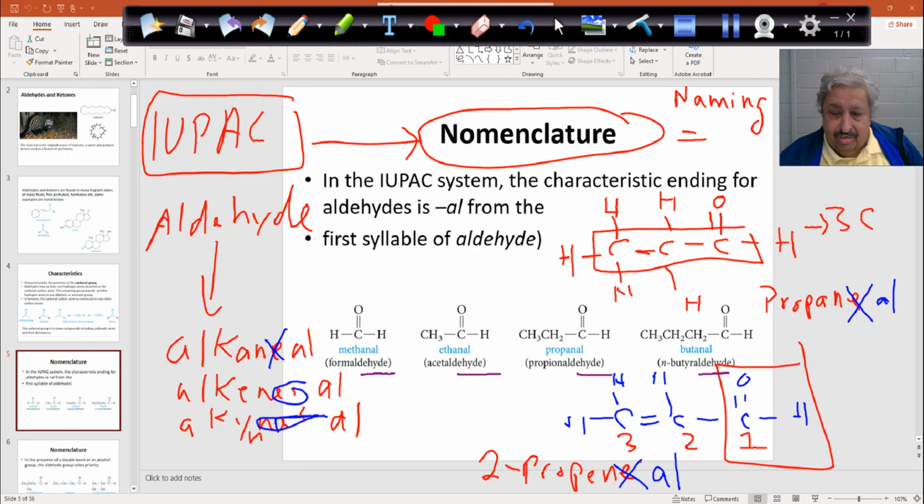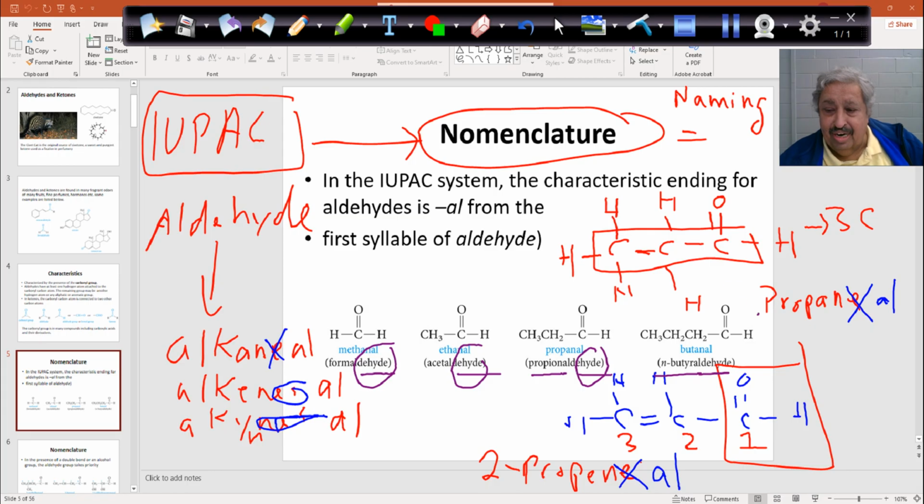Whenever it comes to a common name, at the end you have to end up with aldehyde. So one carbon is methanal, that will be formaldehyde. Two will be acetaldehyde. Three will be propionaldehyde. Four will be n-butyraldehyde.